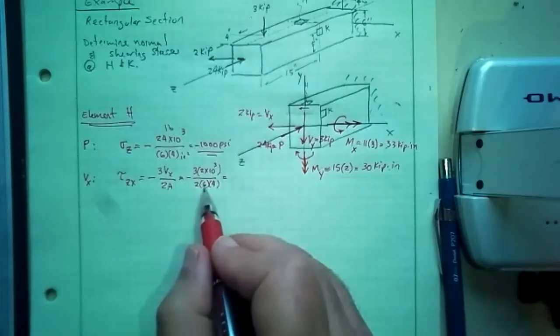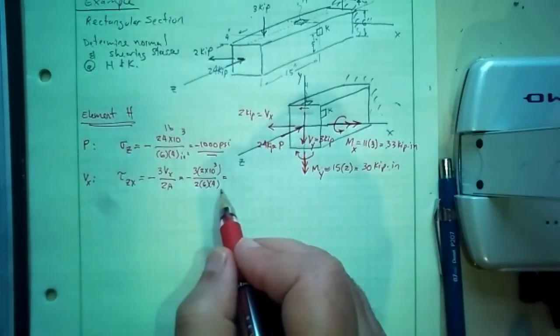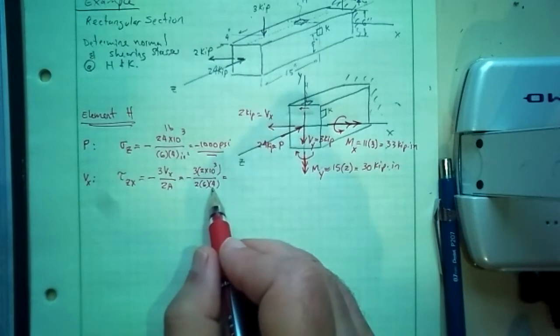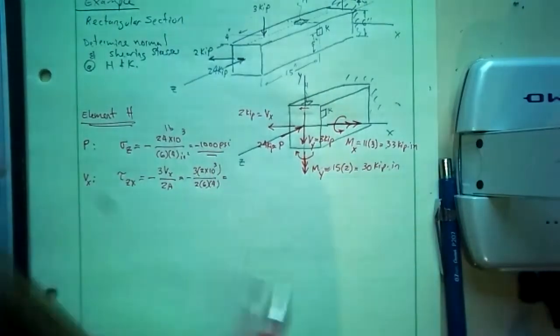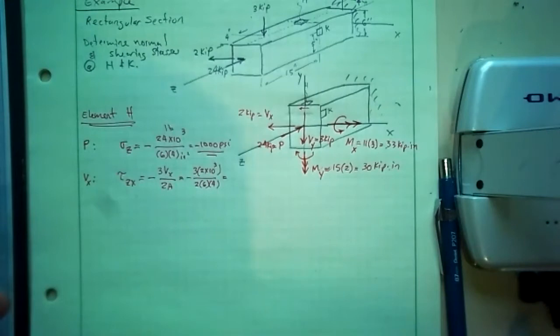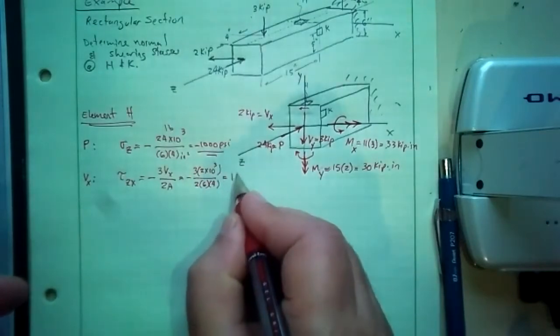So that reduces to 3 divided by 16. 3,000 divided by 16. 125.